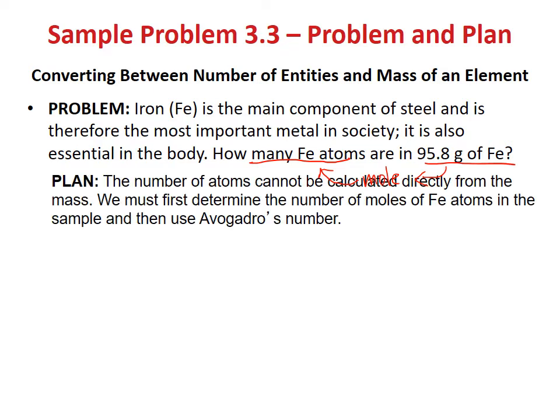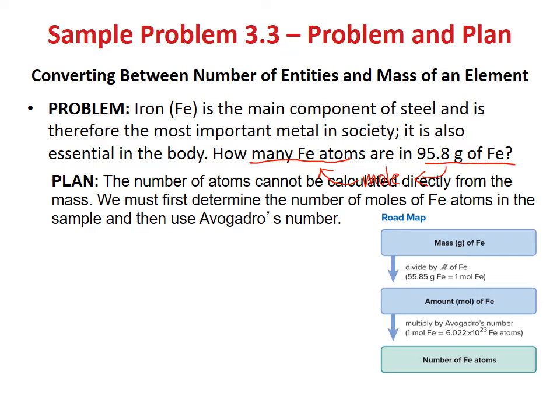So our plan is we need to do 2 steps. The first step, mass to moles, use molar mass. From the periodic table, you can find 55.85 grams of iron is 1 mole of iron. And then use Avogadro's number to convert moles to the number of iron atoms.